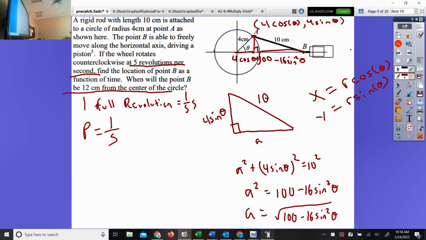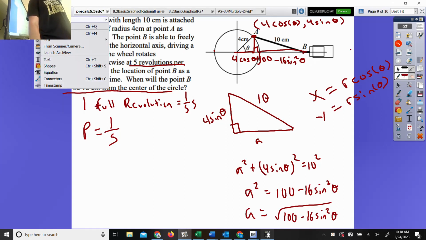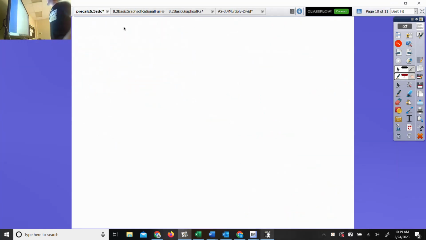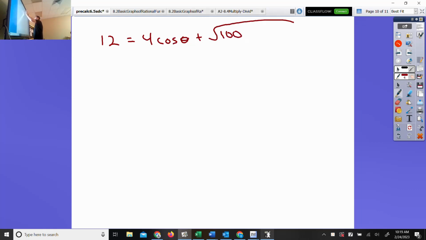I don't even know that we need to worry too much about the revolutions per second. Maybe we do because we need time, don't we? So that might actually come back into play. I'm going to need more white space. Well, 12 is supposed to equal 4 cosine theta plus the square root of 100 minus 16 sine squared theta.